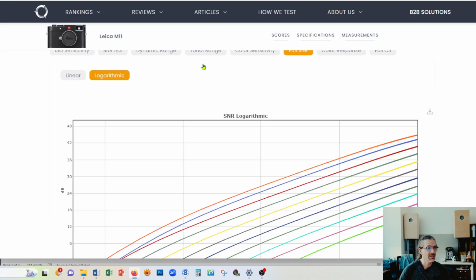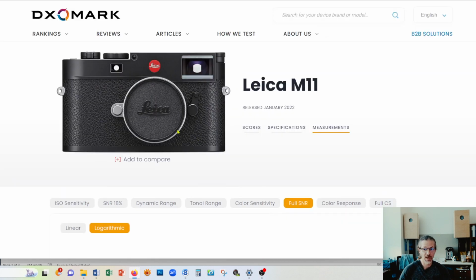And other than that, I'm also using the Leica M11 as an example because its sensor, how the sensor is voiced, or what kind of color palette it has, is very close to Canon's.